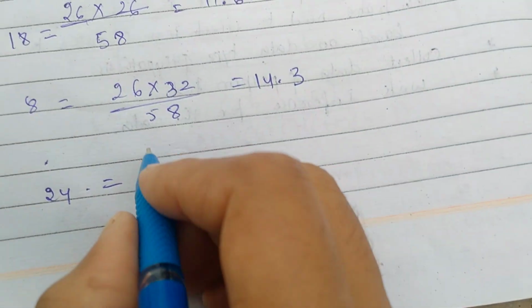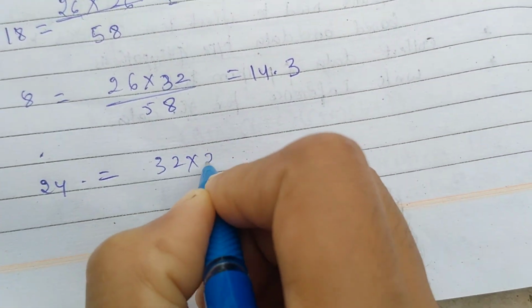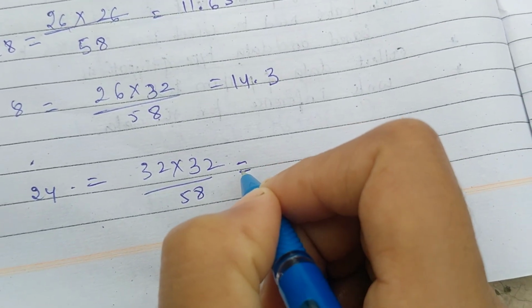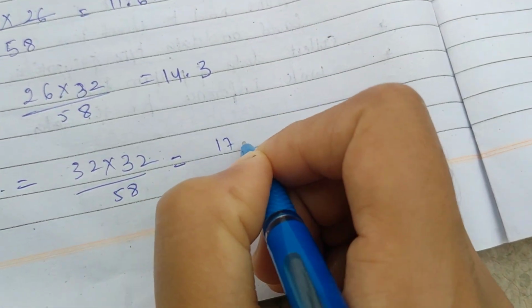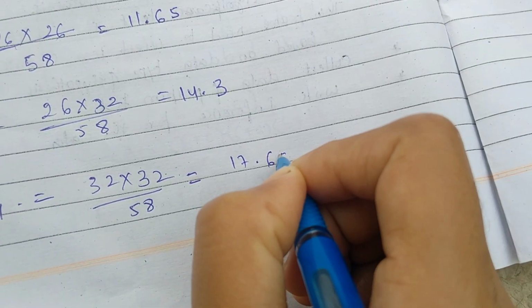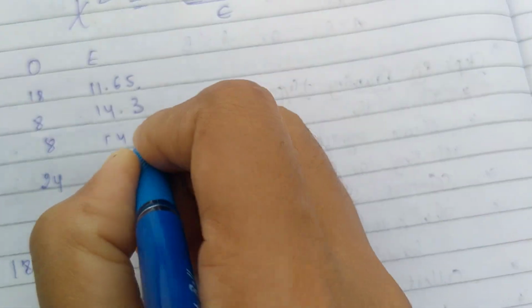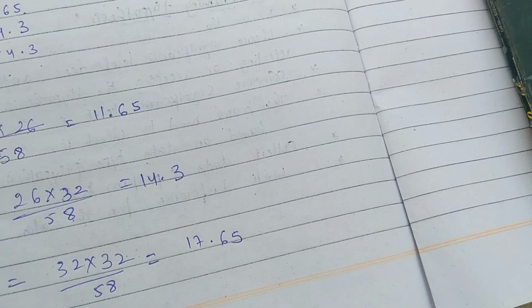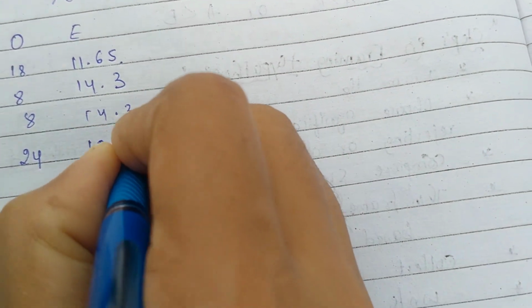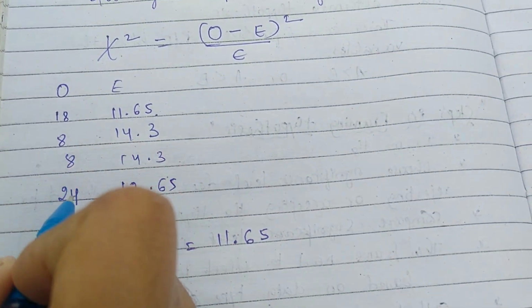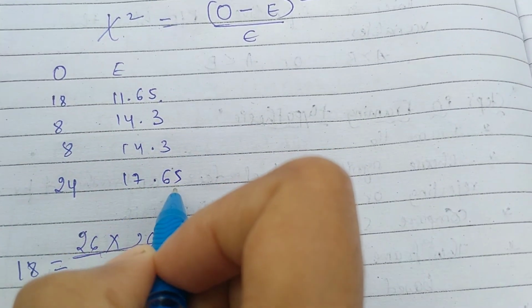So we do 32 into 32, divided by 58, which is around 17.65. We keep the 14.3 as before, and below that, the 17.65 we just found. So we calculated the observed frequency and the expected frequency.